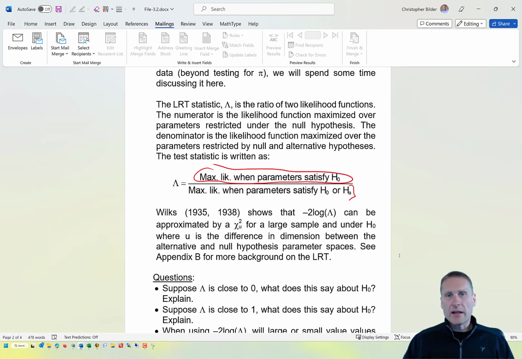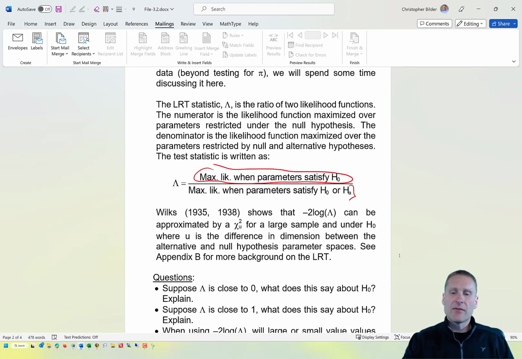And remember what a likelihood function basically gives us. It gives us a measure about how plausible particular values of pi are, or particular values of parameters in a general sense. And the larger the likelihood function is, the more plausible a particular value of pi is.